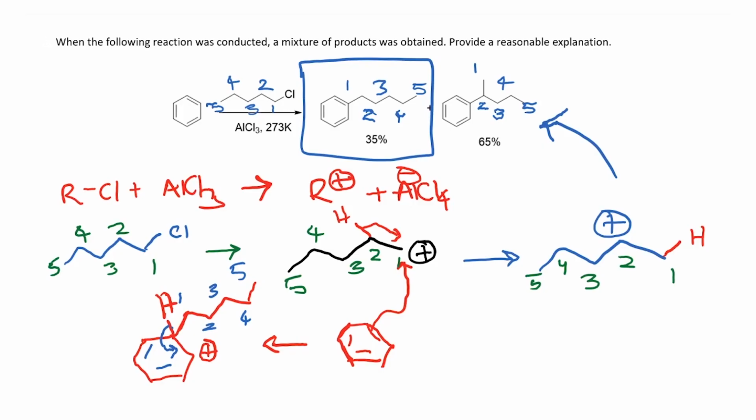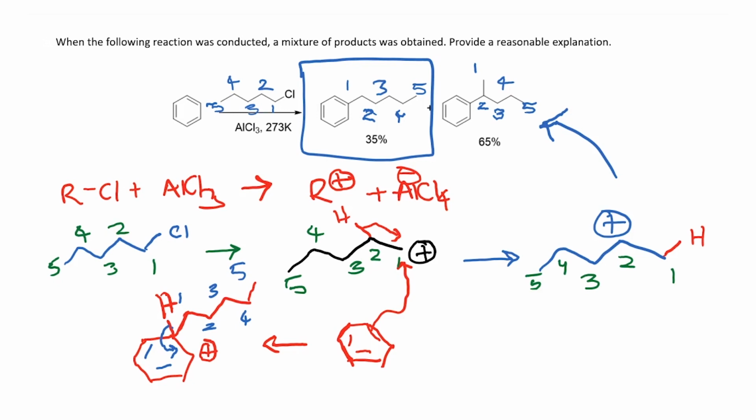Okay. But now, how can we account for compound number 2, I mean the substituted compound on the right, being higher in yield? Okay, so what actually happens is that the benzene ring reacts with the primary carbocation, perhaps as soon as it's formed, and some of the carbocation is still available for it to undergo a rearrangement to give you the secondary carbocation.